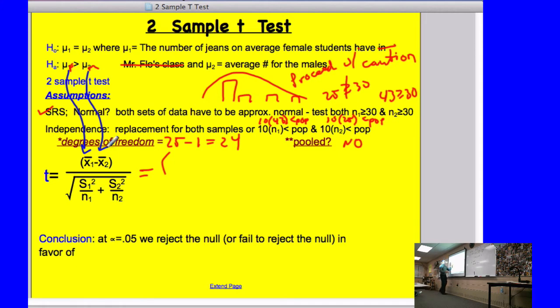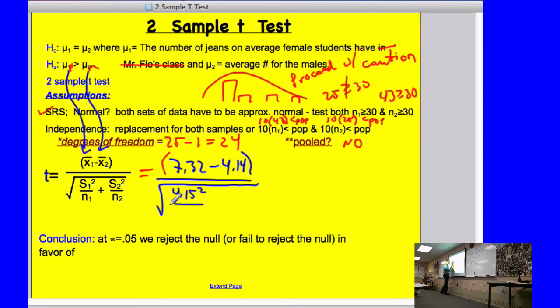All right, X1, what was our female? 7.32. Okay, males? 4.14. Thank you. Divided by square root of the standard deviation for females. So that was a huge standard deviation.